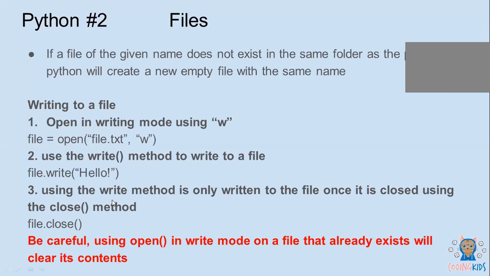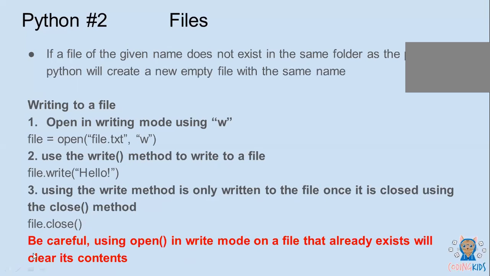The third one: using the write method, it is only written to the file once it is closed, using the close method. So just take care of this thing. So file.close, we've got the close method.